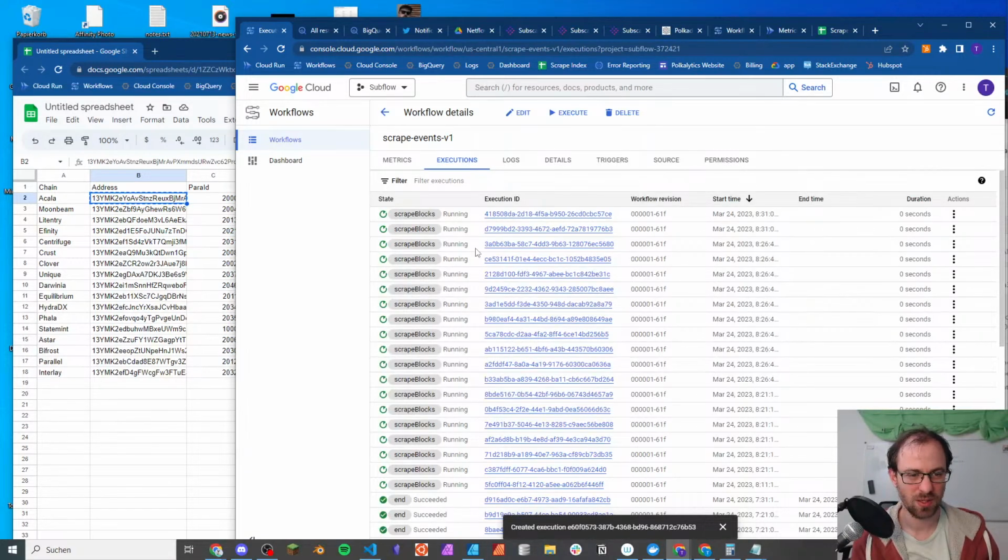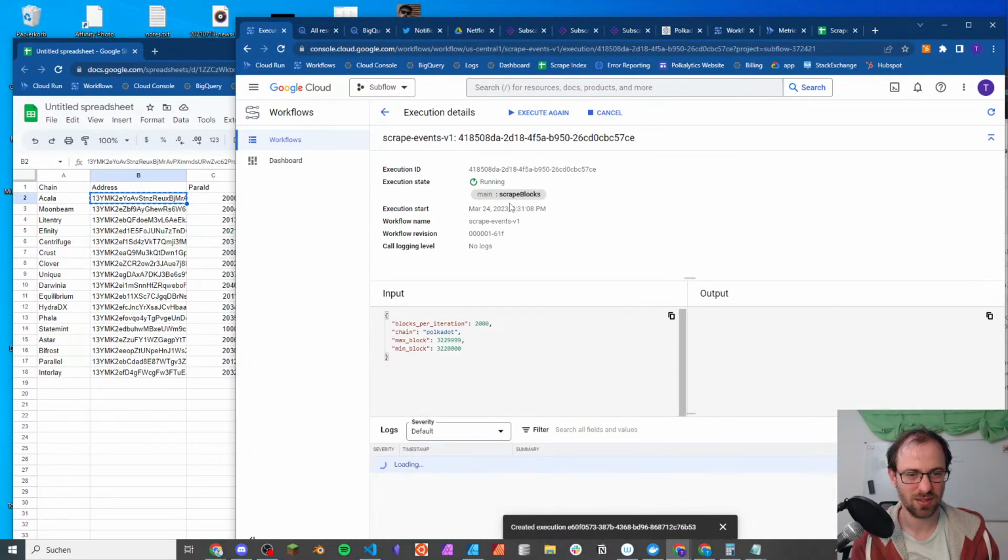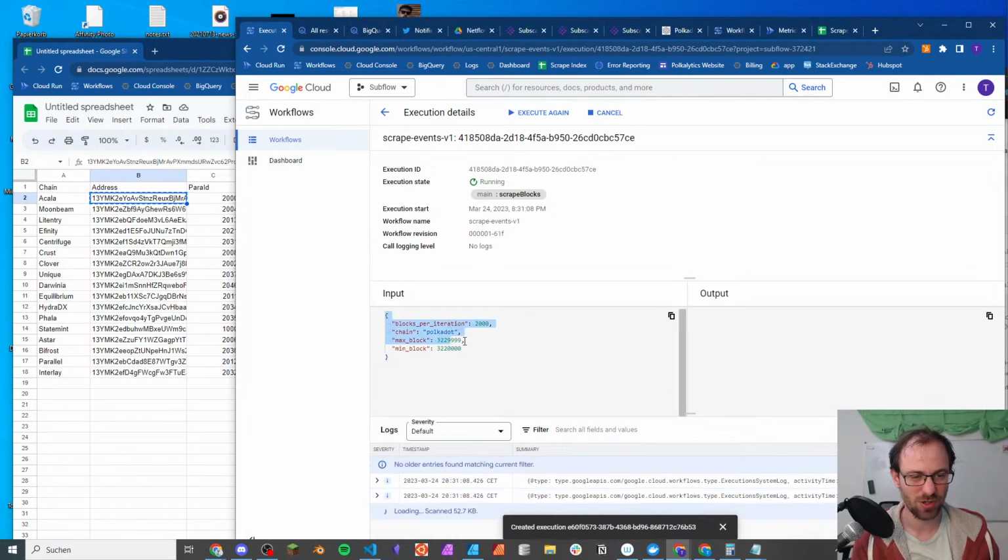Events. This is a program that grabs events from a min block to a max block. The workflow triggers the virtual machine, and a small web service program runs, scraping 10,000 blocks and then reporting back a success or a failure.